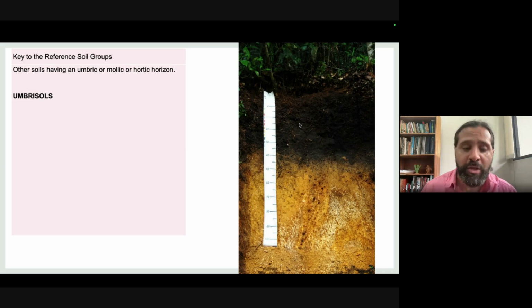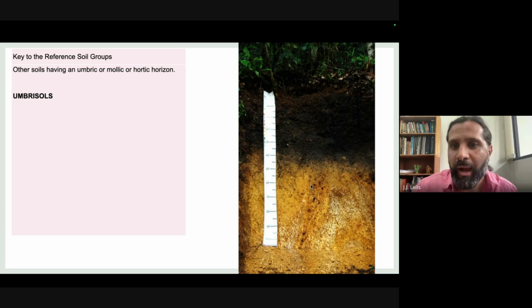So if I register a soil with an umbric horizon above something with high or low base saturations, I should classify it as an umbrisol. If I find something with a mollic horizon, so a surface horizon that has high base saturation above some horizons with low base saturation, I cannot classify it as a phaeozem. I should classify it as an umbrisol.